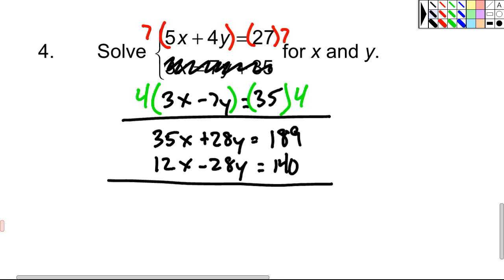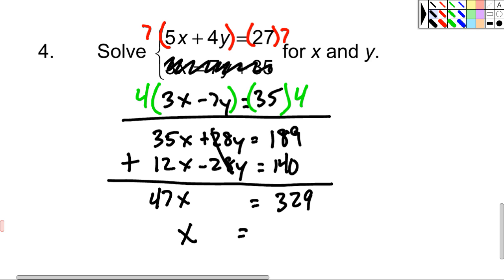After we do that, we can just add them up. 35x and 12x, what's that make? 47x. Those are gone. And then we got 189 plus 140. What does that come to? 329. Divide both sides by 47, and we get x is equal to 7.